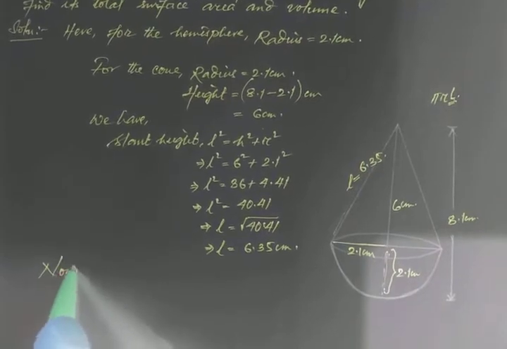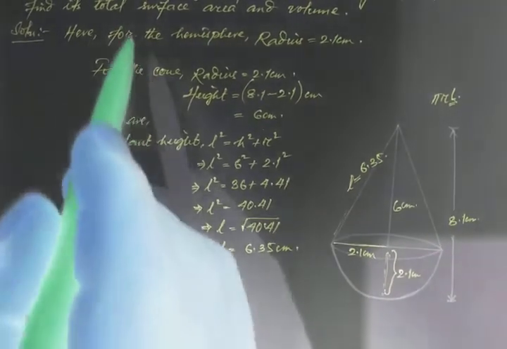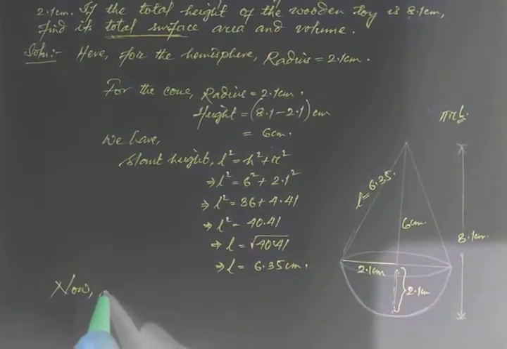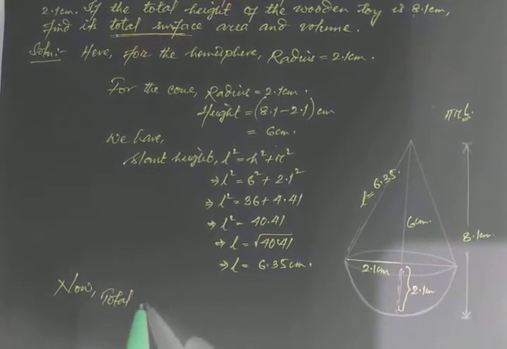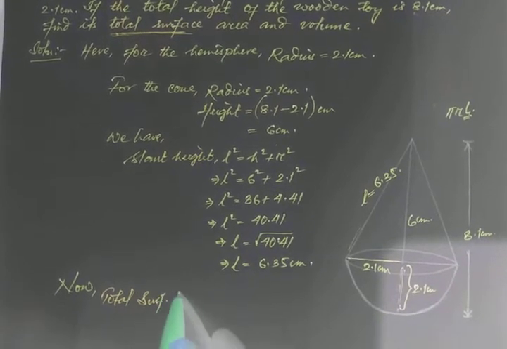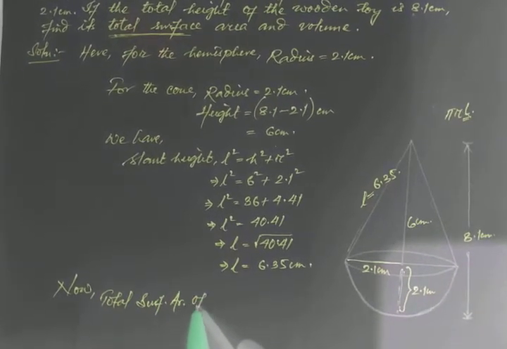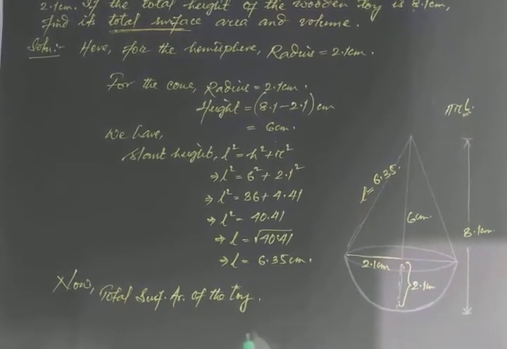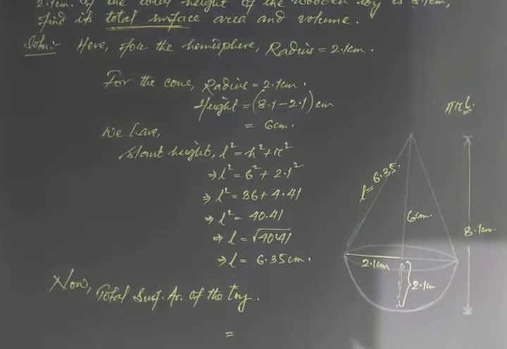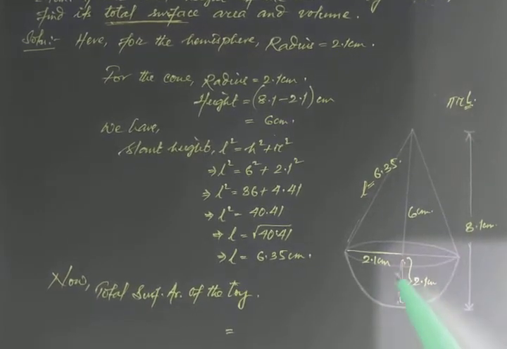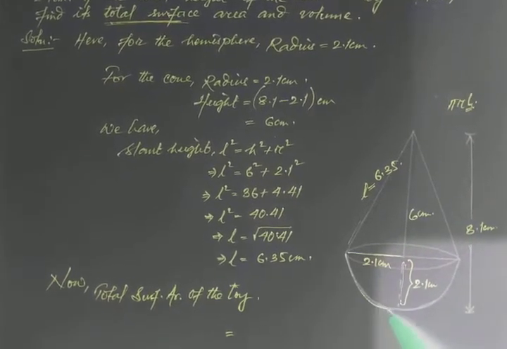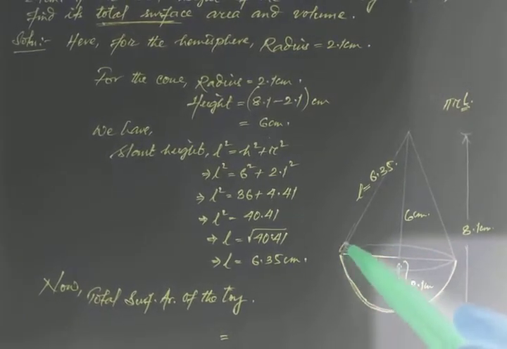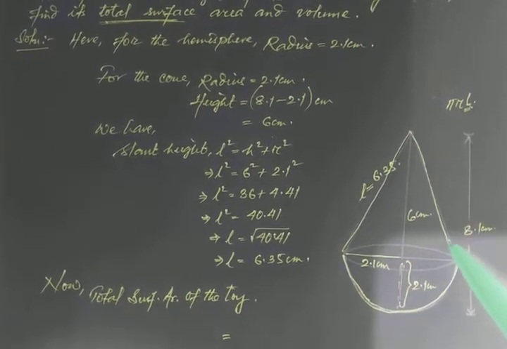Now, since we are asked for the total surface area, let's first find out the total surface area of the toy. When we say total surface area of the toy, it will be this portion, including the conical portion.